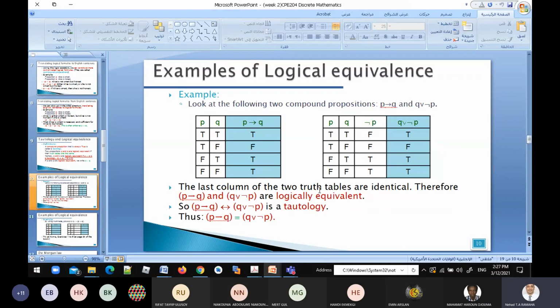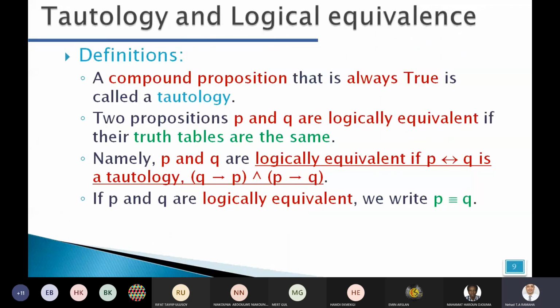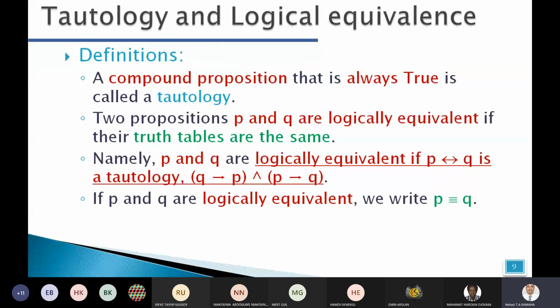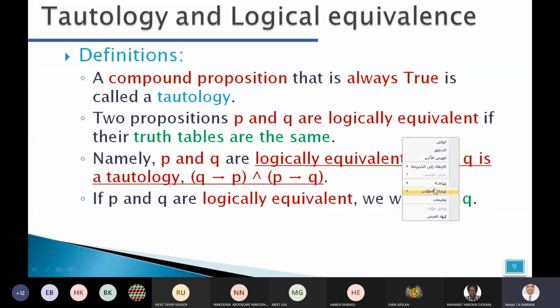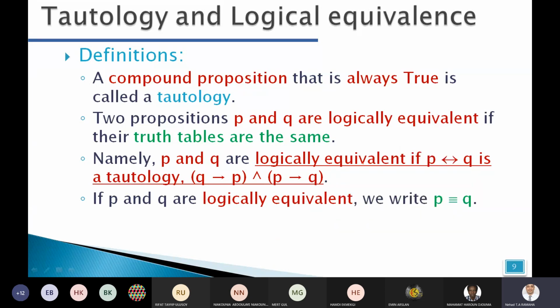Okay, then last time our subject was tautology and logical equivalence. We defined tautology and logical equivalence, and we mentioned that tautology is a compound proposition that is always true.